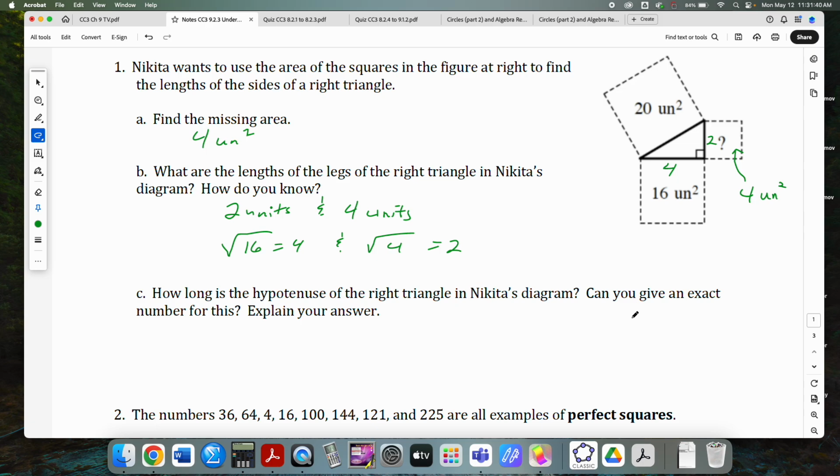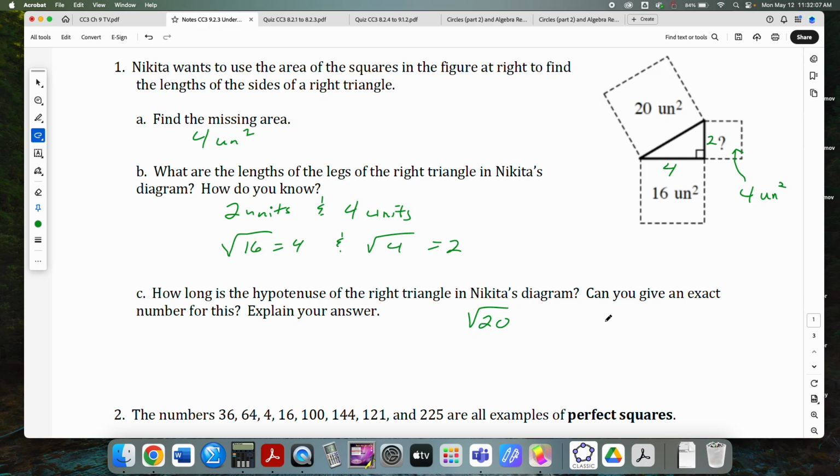Now, how long is the hypotenuse then? Yeah, it's the square root of 20. Can you give an exact number for this?